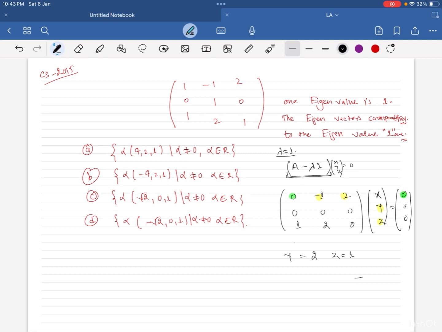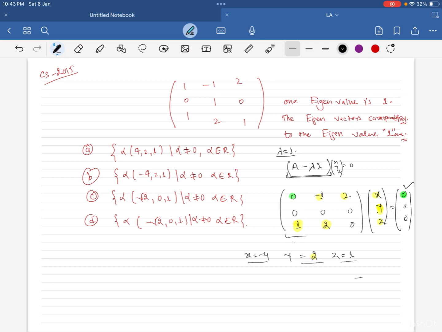If you pick z as 1 then it will be 2 and here it will be minus 2, which will add up and you will get 0, right? And from the third row you pick x, and you already have y, so 2 times 2 is 4, for that you will pick x as minus 4.